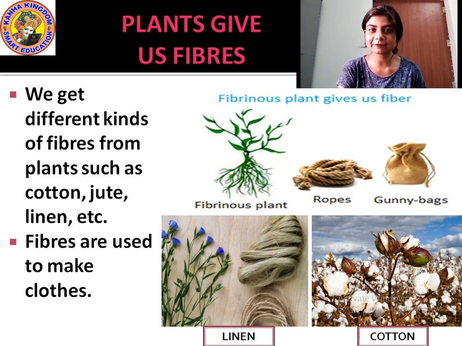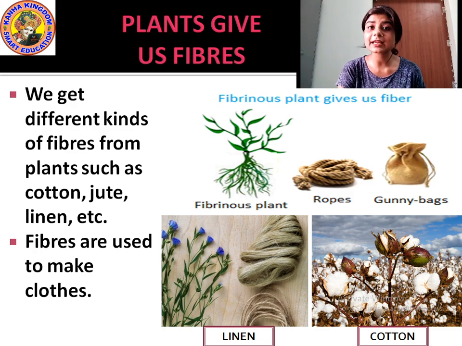We get different kinds of fibers from plants, such as cotton, jute, linen, etc. Fibers are used to make clothes. The clothes that we are wearing are made from fiber, the thread. And these fibers are obtained from plants.